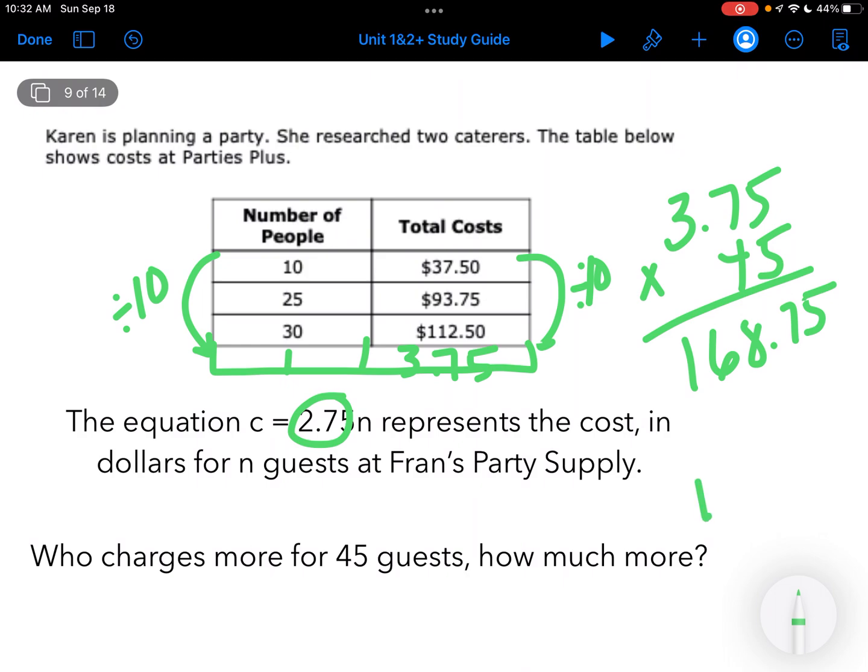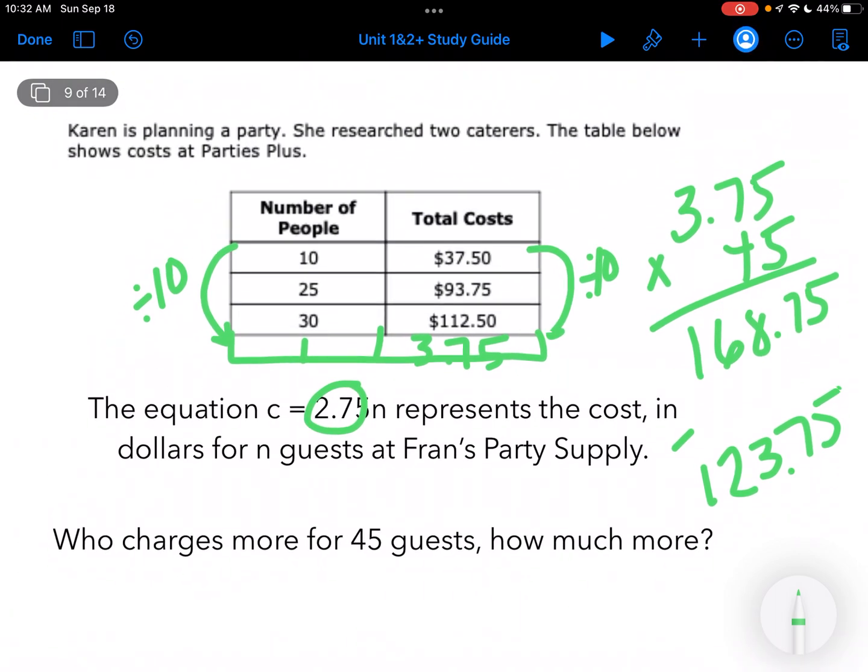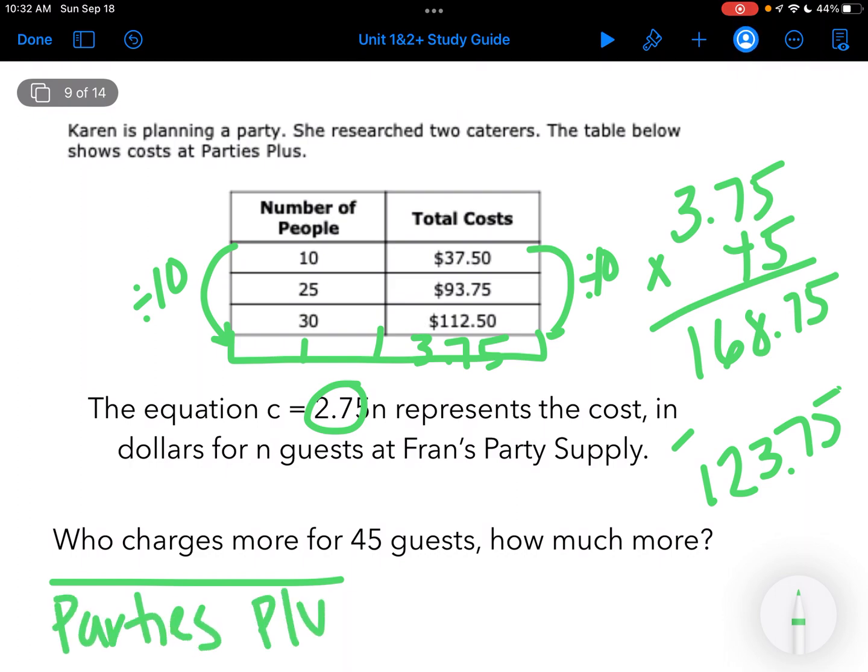And I get 123.75. So then I'm just going to subtract the two. And I get $45. So they want to know who charges more. It would be Parties Plus. And they charge $45 more.